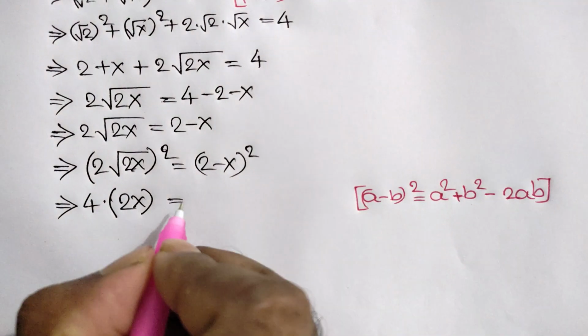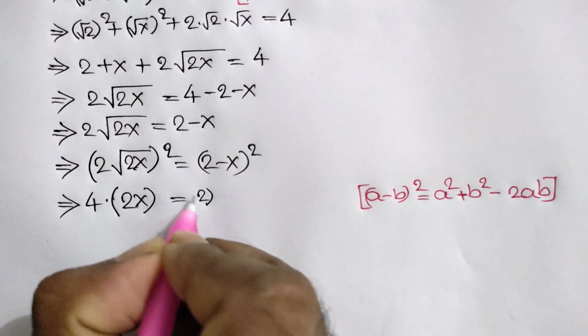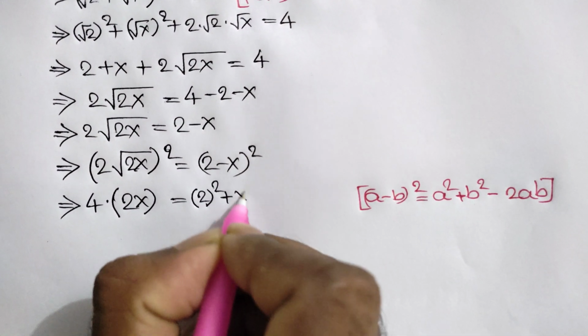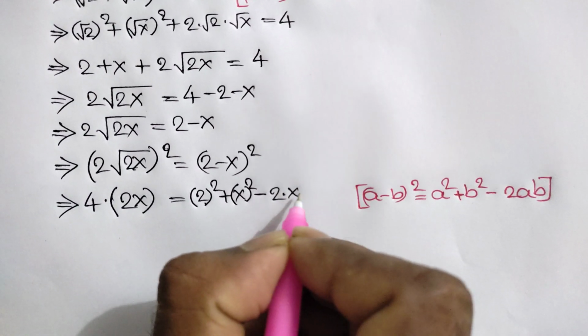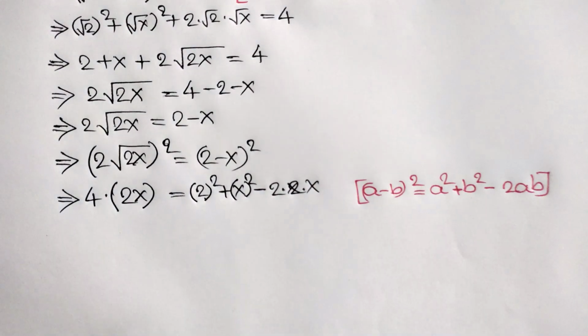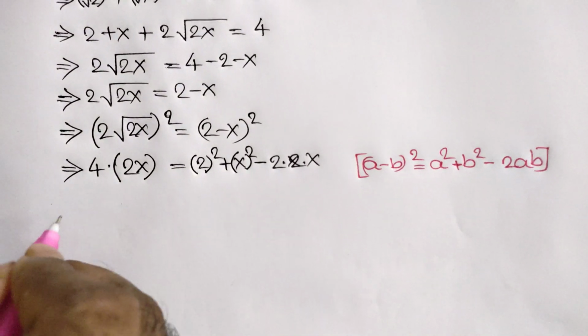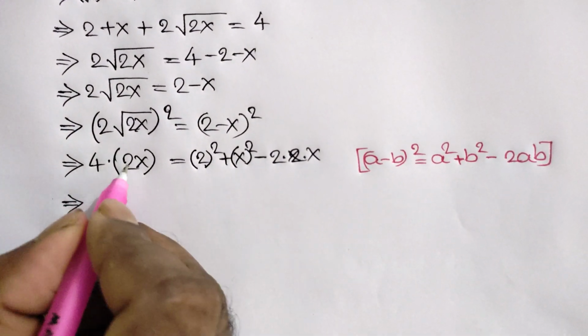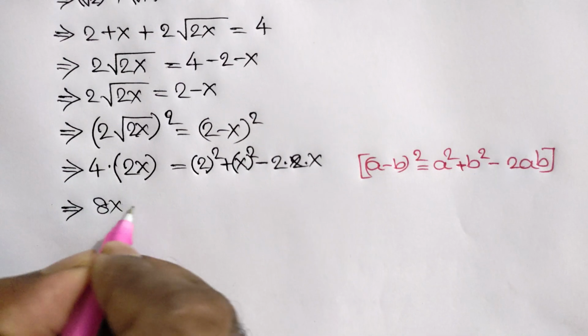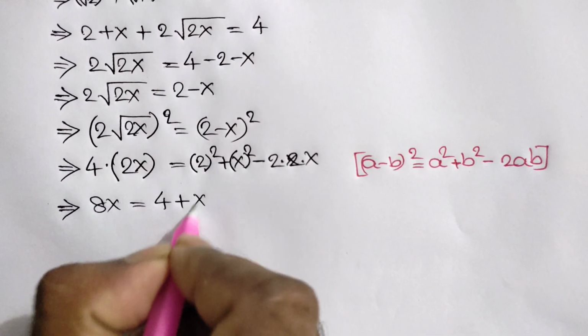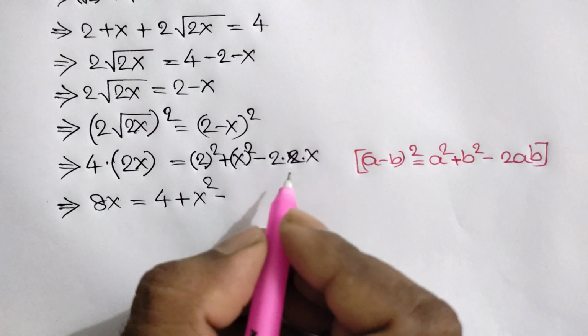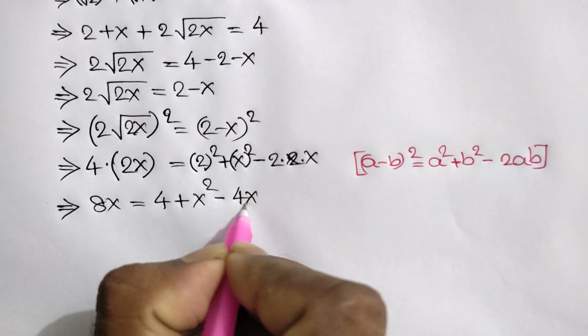We can write 2 square plus x square minus 2 times 2 times x. So 4 times 2 is 8x is equal to 2 square, that means 4, plus x square minus 2 times 2 is 4, 4 times x is 4x.